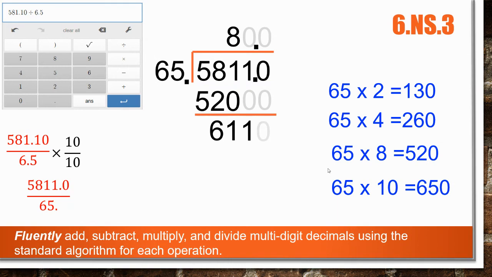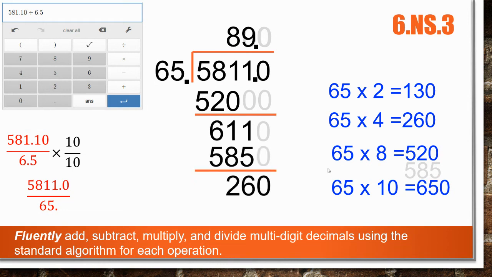If you look for 611, it should be somewhere between 8 and 10. So I'm going to add 65 to 520. I get 585. So indeed, that's 9. 9 times 65 is 585. When I subtract, I get 260. 65 divided into 260, that is 4.